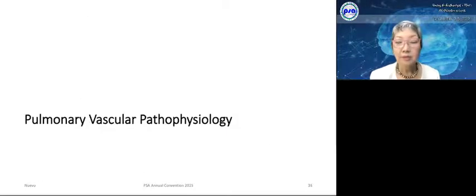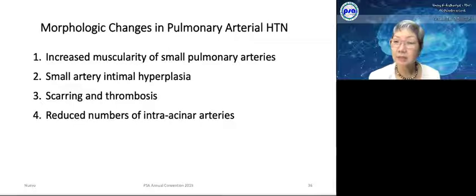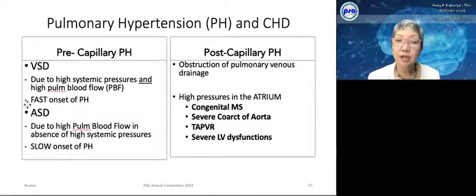Moving forward, the flow to the lungs can affect the lungs and lead to pulmonary arterial hypertension. And such can either be pre-capillary type or post-capillary type. And here are the examples. VSDs and ASDs are pre-capillary types. And any lesion beyond the left atrium, or after the left atrium, that leads to pulmonary hypertension is classified as post-capillary pulmonary hypertension.